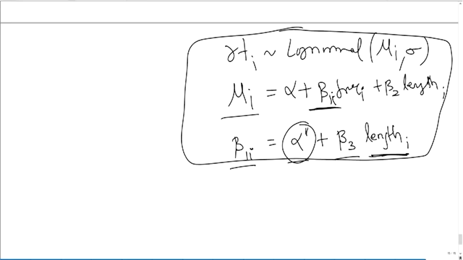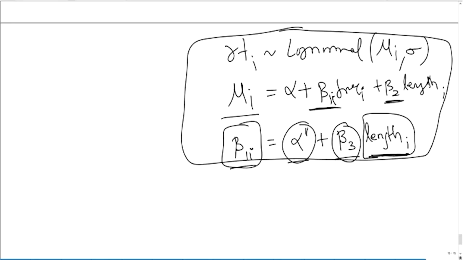Basically, you will code length as -1, +1 or 0, 1 for short words and long words, right? So this tells you the main effect of frequency when length is 0. Beta 2 tells you the main effect of length when frequency is 0. Beta 3, what does beta 3 tell you? Beta 3 tells you the effect of word length on the frequency effect, to what extent the frequency effect increases or decreases as word length changes.